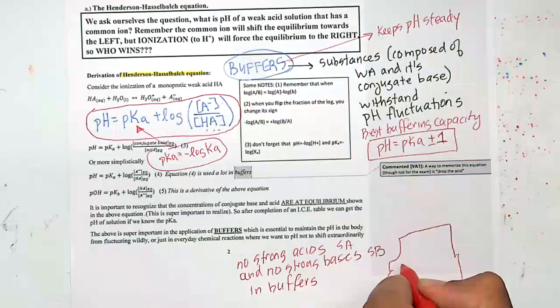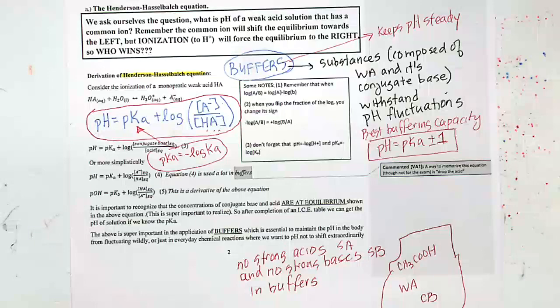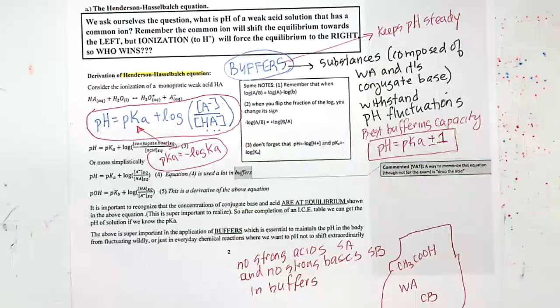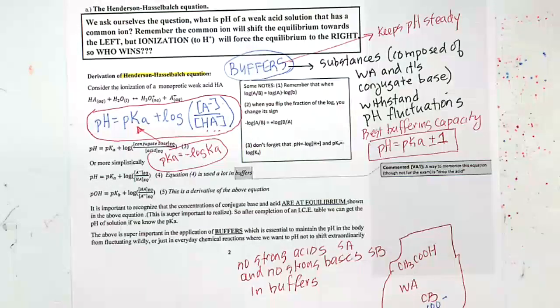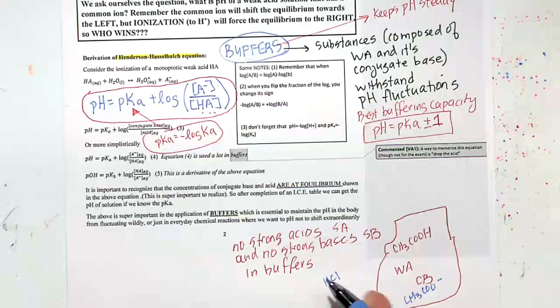So let's say for an example we have acetic acid. The conjugate base for acetic acid is acetate. If you add a little HCl here, which is a strong acid, it will get neutralized by this.